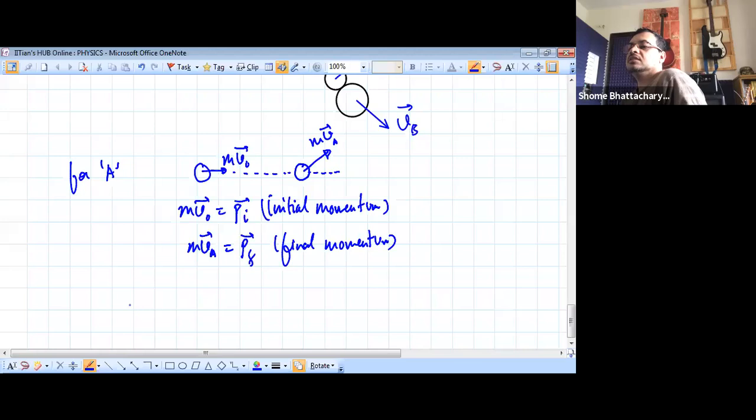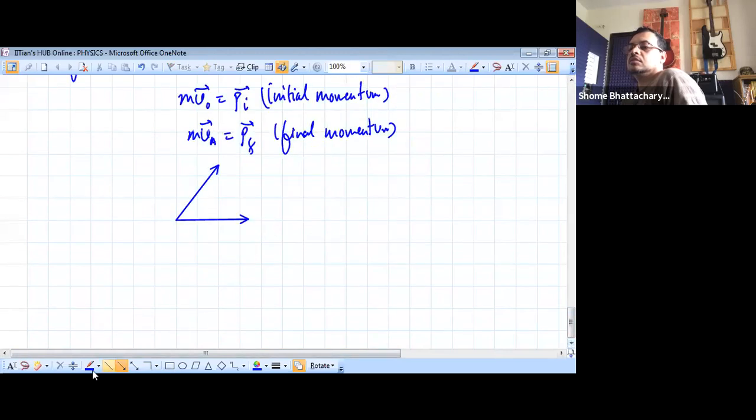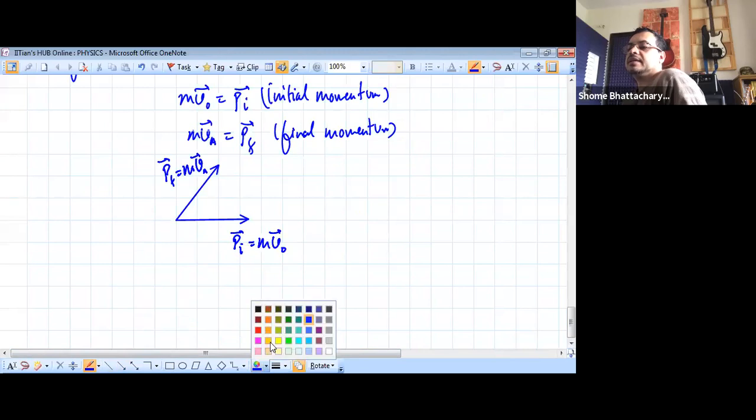So you can see that the direction of initial momentum and final momentum are different. The initial momentum is in this sort of direction. The final momentum is in this sort of direction. So that is why the impulse that has acted would be this.